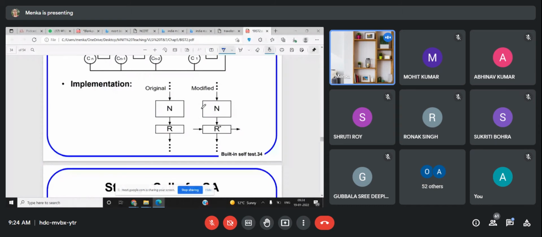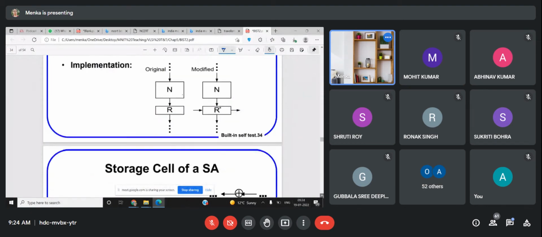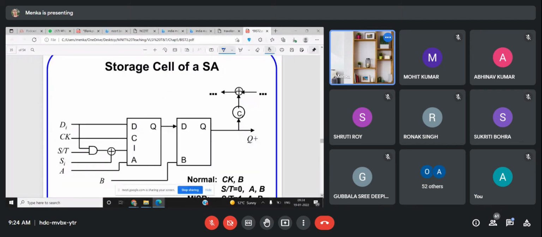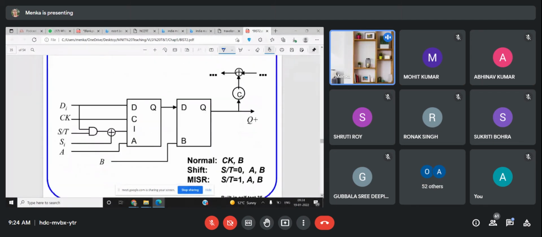You have this block, and okay, we'll discuss this a little later. The storage cell of the signature analyzer is given over here. In this cell, you can see you have a D flip-flop here and another D flip-flop here, so there are two D flip-flops, and then this XOR gate is like this.